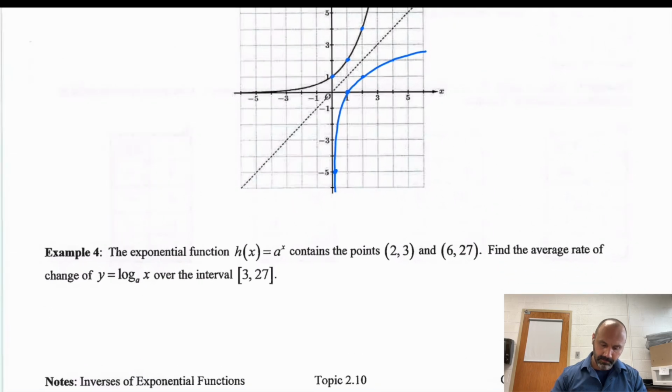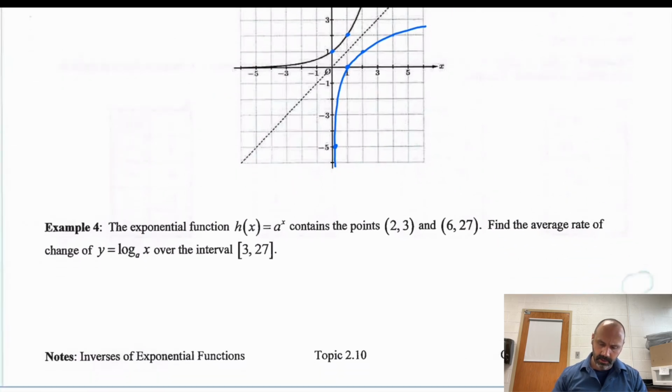And example 4, the exponential function h of x equals a to the x contains the points 2, 3 and 6, 27. Find the average rate of change of y equals log base a of x over the interval 3, 27.